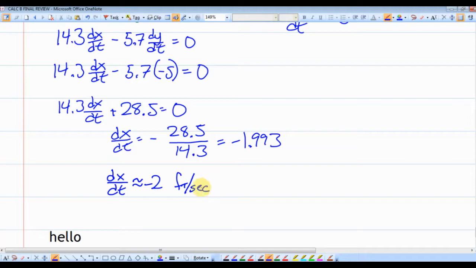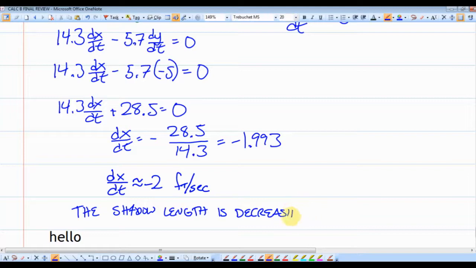So this means that the shadow length is decreasing at 2 feet per second.